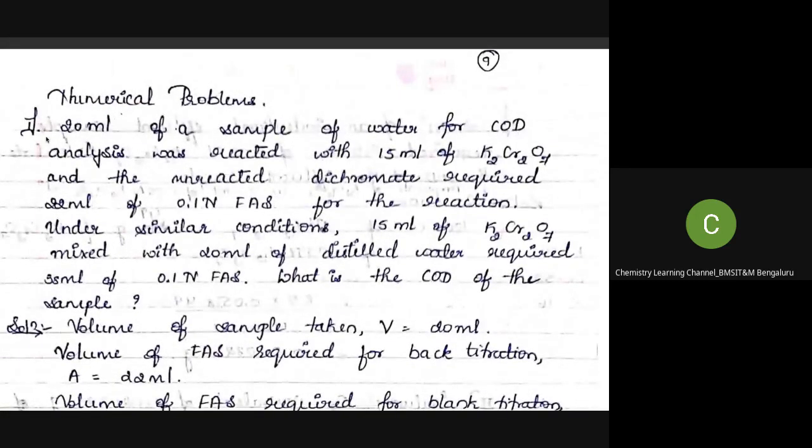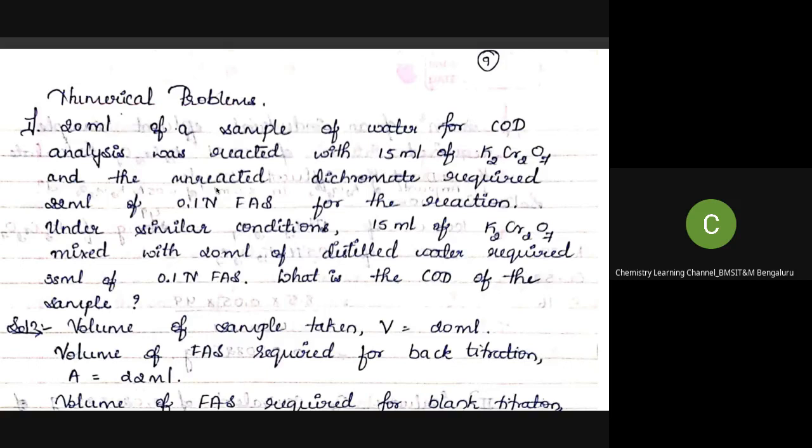So here, take down: 20 ml of a sample of water for COD analysis was reacted with 15 ml of potassium dichromate. Here they are telling the entire procedure in detail: how much volume of sample was taken, how much potassium dichromate was added, and the unreacted dichromate was titrated with FAS.